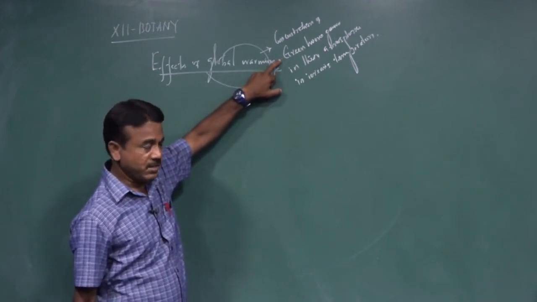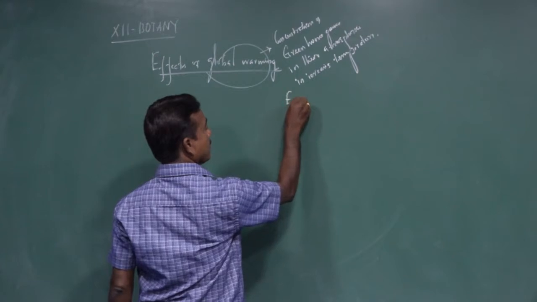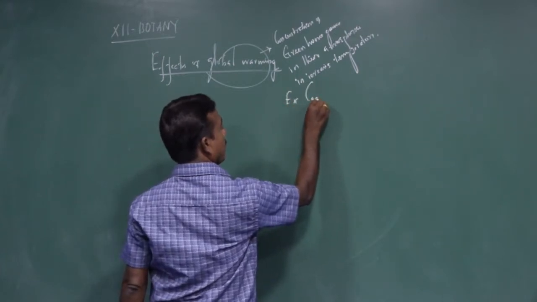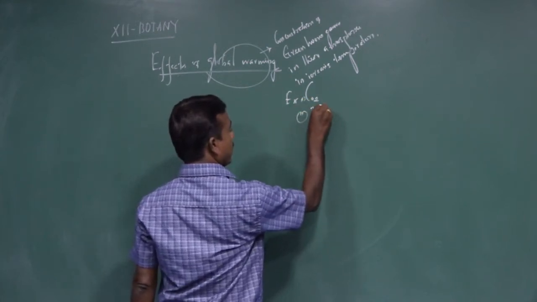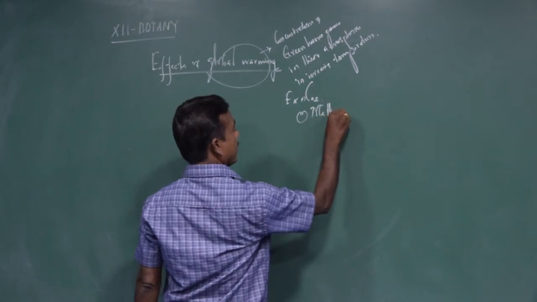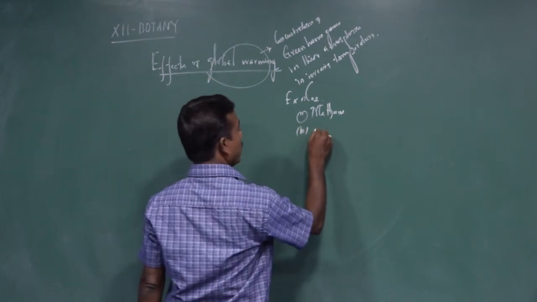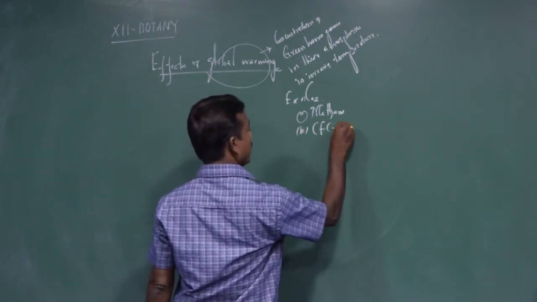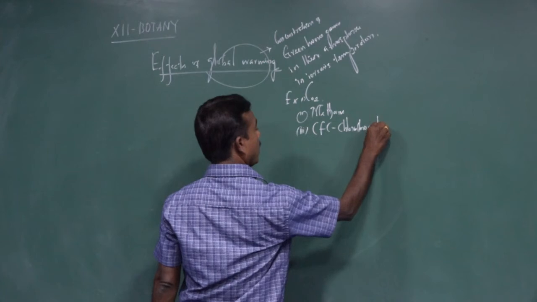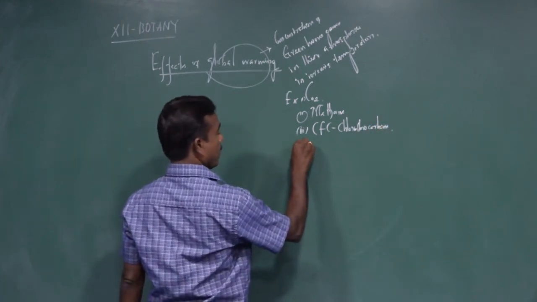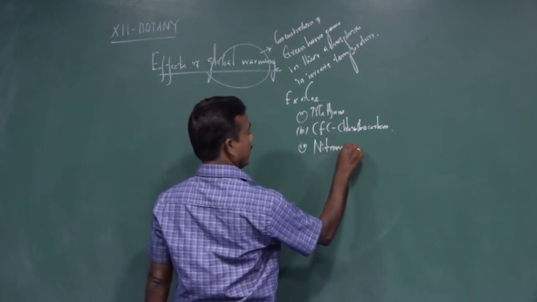Examples are carbon dioxide, second, methane, third, CFC, that means chlorofluorocarbon, fourth, nitrous oxide.